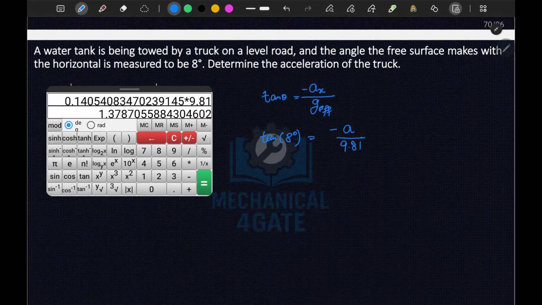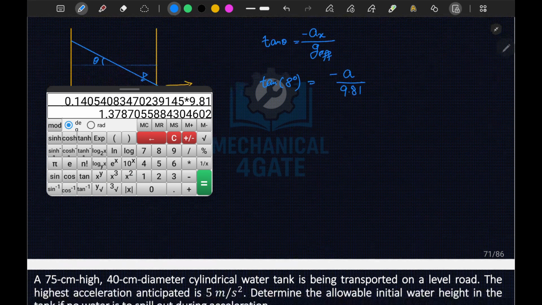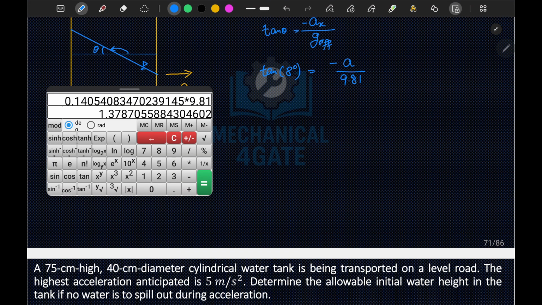One more thing here: this tan theta indicates basically the slope, and this negative sign shows the direction. What is the value of the slope exactly? If I talk about theta, that is the slope, so this angle should be the slope. Let me write it as theta.